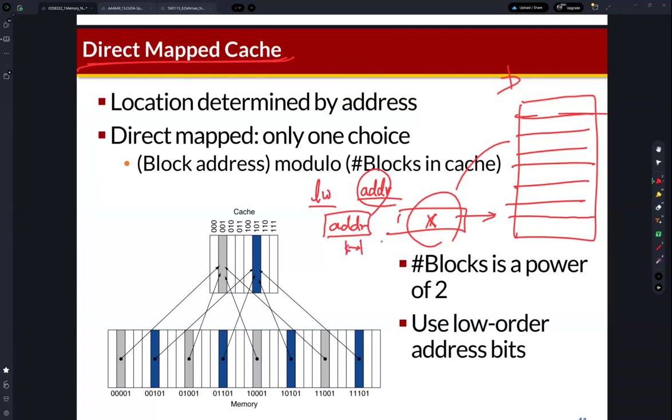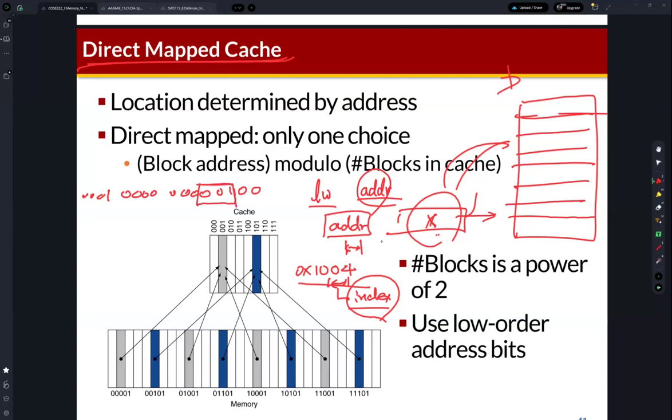But direct mapped cache means that when this data X is stored in a cache, a part of the address is used. For example, if this address is 0x1004, then we can use this part of the address as the index of the cache. In binary, this is 1000000000100, and when we store this data to the cache, we just use a certain field, like 001, as the index of the cache.